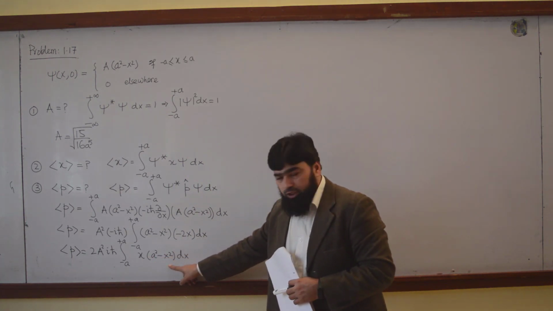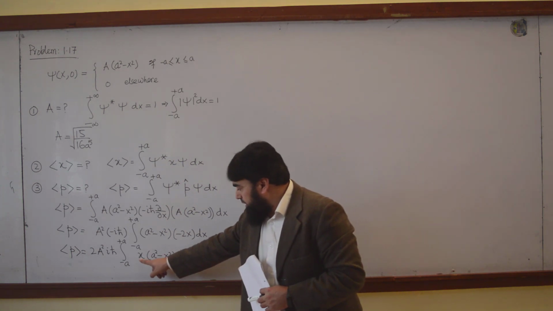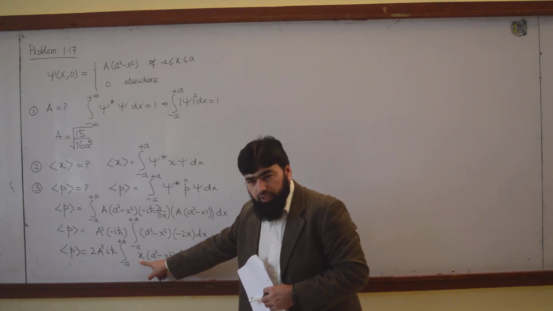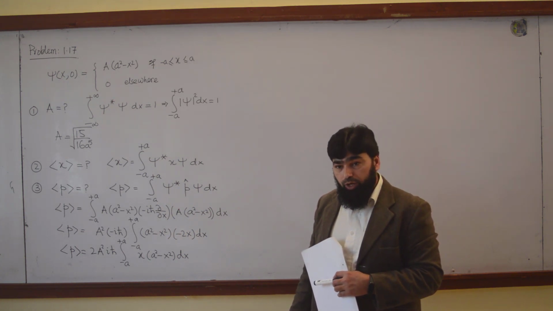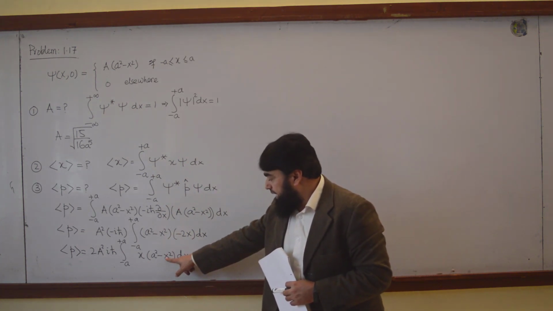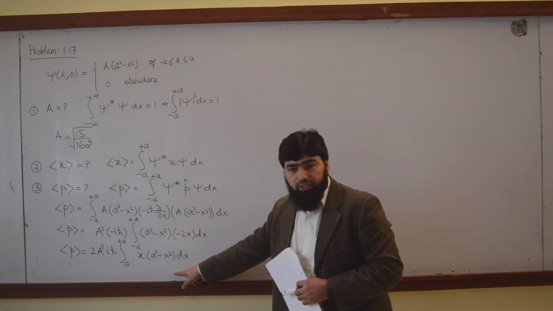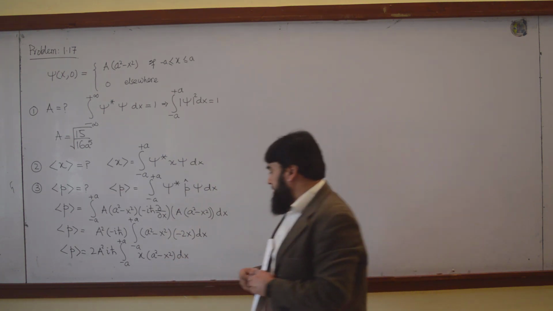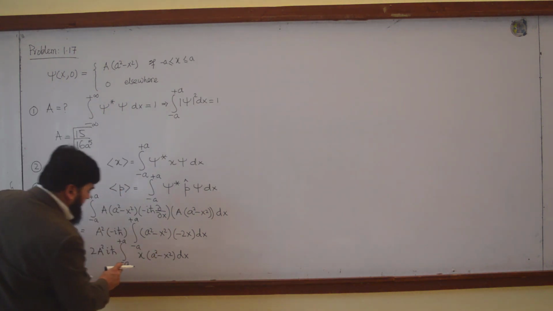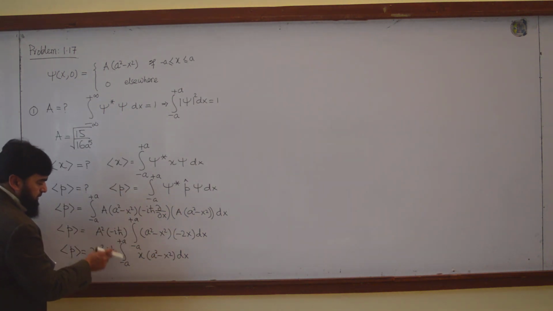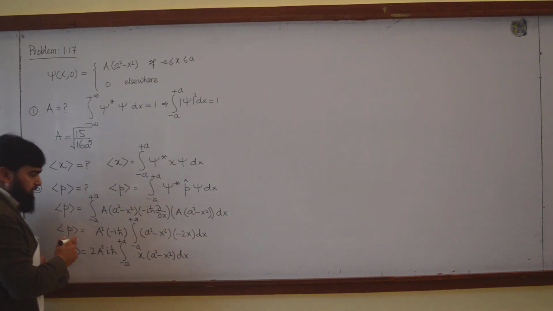These are two functions of x. Look here, this is an odd function, and this one is an even function because it is x squared. If I change the sign of x, it will remain the same. So it is a combination of odd and even function, and the limits are symmetric, minus a to plus a.